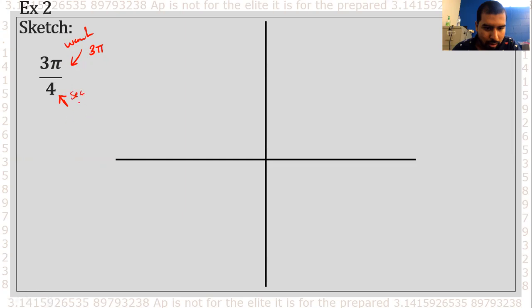So this right here is going to be 1 section of pi over 4, another section of pi over 4. So pi over 4 plus pi over 4, a quarter plus another quarter, gives me 2 pi over 4, which is the same thing as pi over 2. Let's add one more slice.